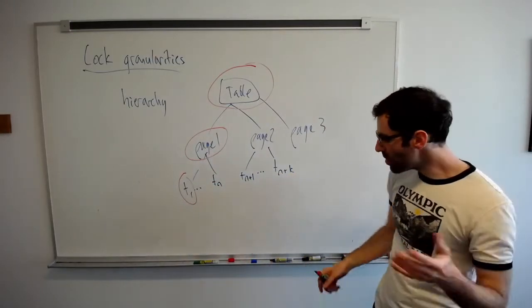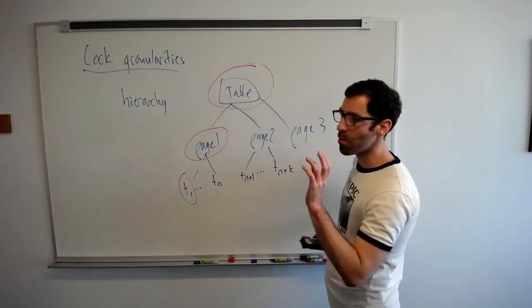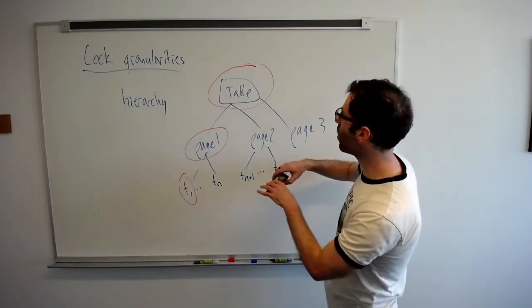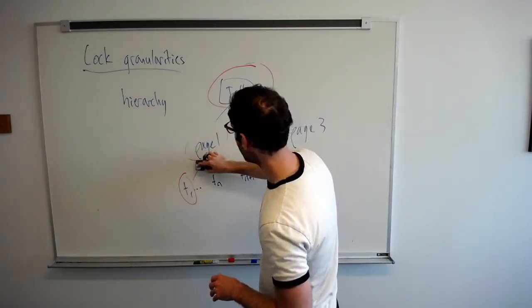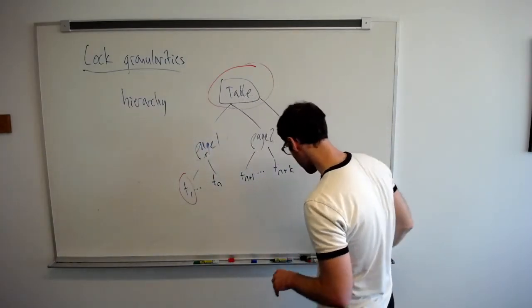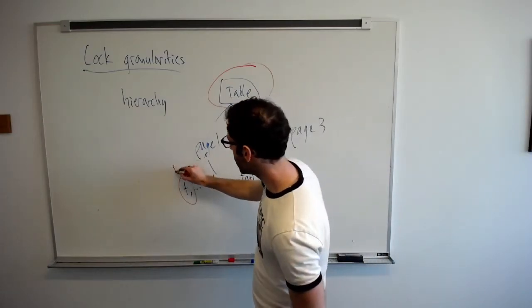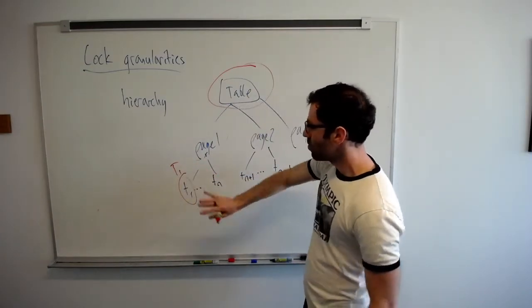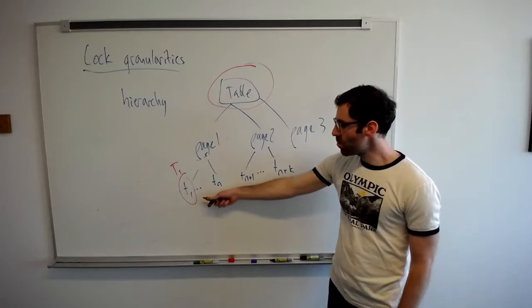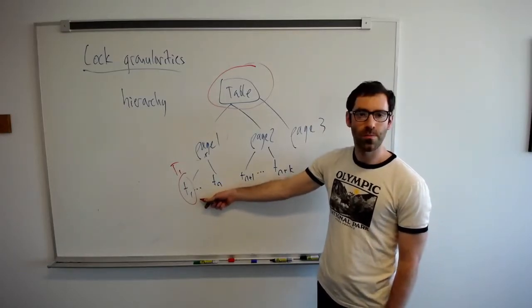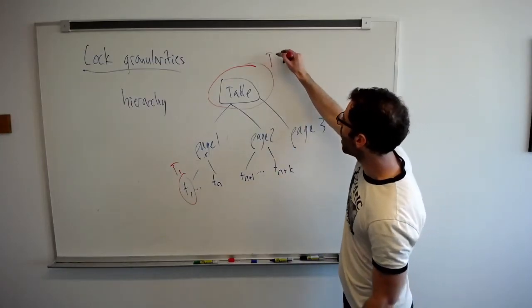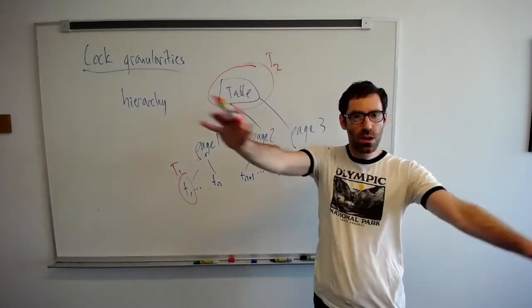Now, there is a potential problem if we allow a transaction to acquire a lock on a whole table. Imagine a situation where T1, happily going about its business, is modifying an individual tuple, and then T2 comes along and says, I'm going to modify 1 billion tuples.